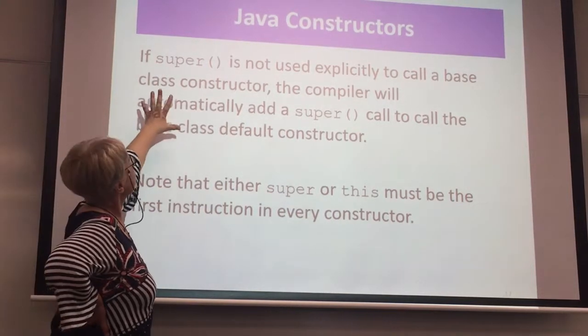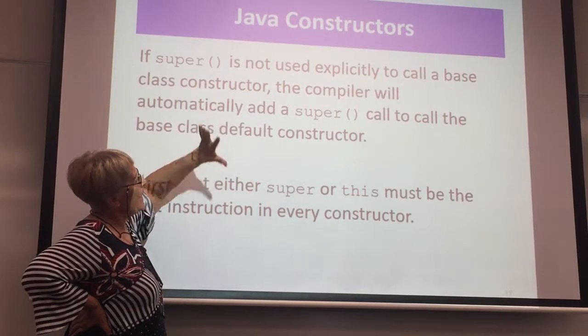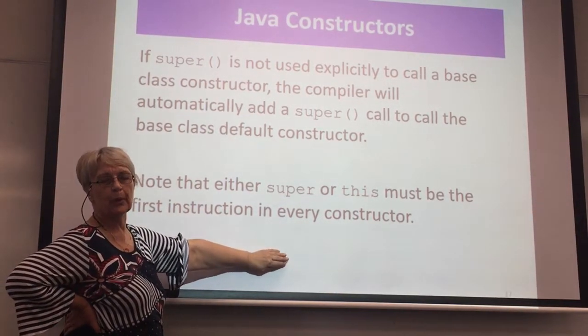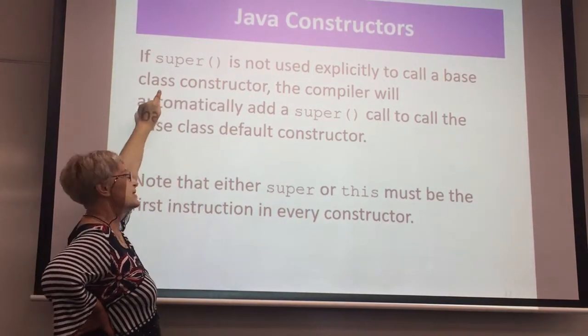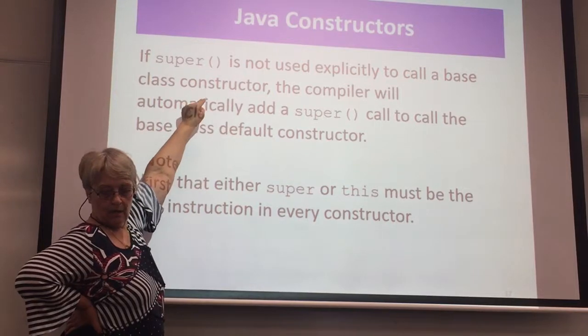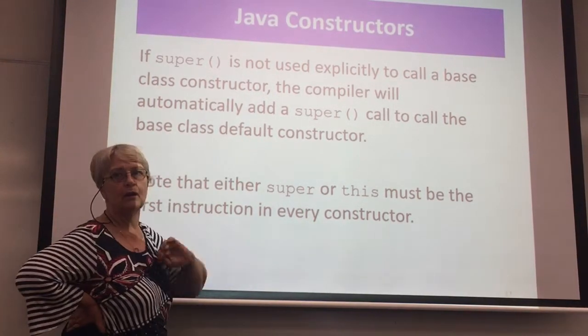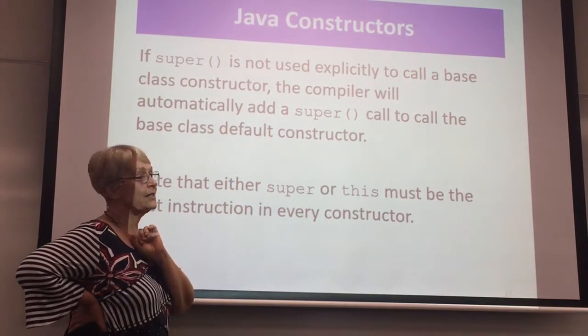So, as you can see here, in case you don't invoke super, the constructor of your base class, the compiler provides an invocation to super, for which I have a simple example for the next lecture.